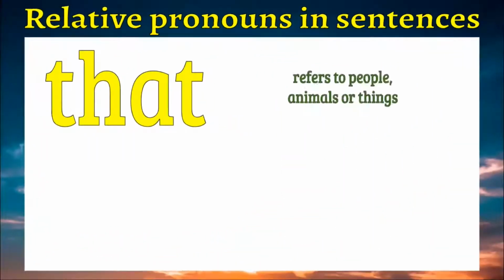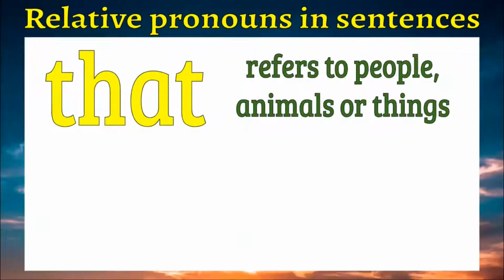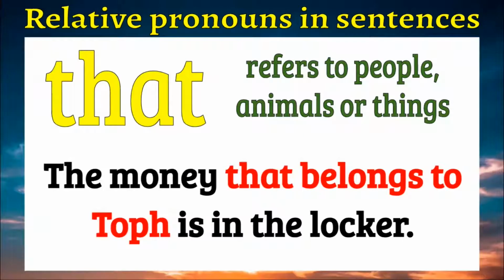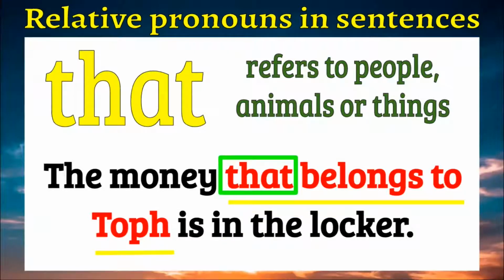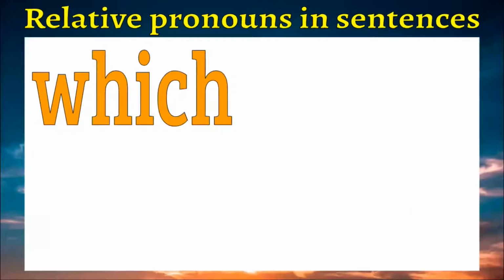That. It refers to people, animals, or things. For example, the money that belongs to Toph is in the locker. The relative pronoun is that. The relative clause is that belongs to Toph. That refers to money. Which.